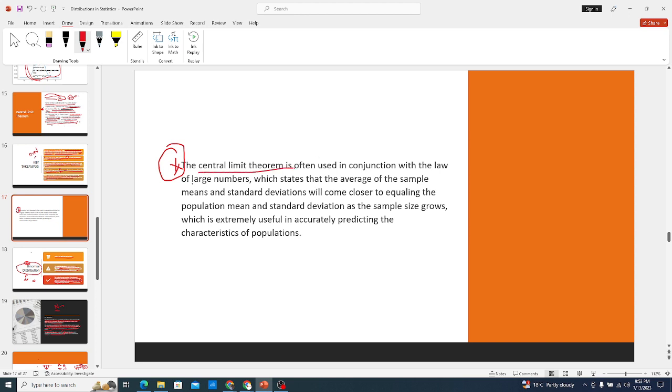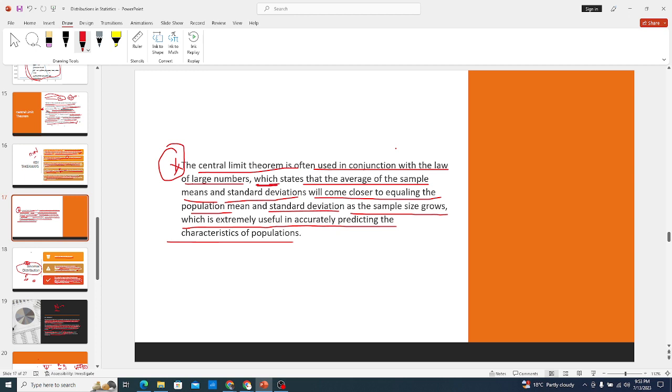The central limit theorem is often used in conjunction with the law of large numbers, which states that the average of the sample mean and standard deviation will come closer to equaling the population mean and the population standard deviation as the sample size grows, which is extremely useful in accurately predicting the characteristics of the populations.